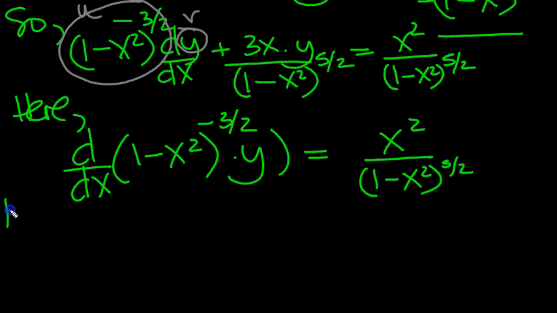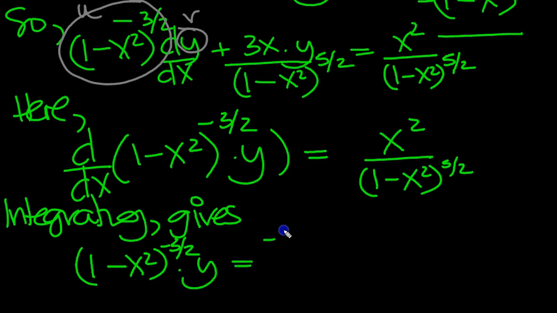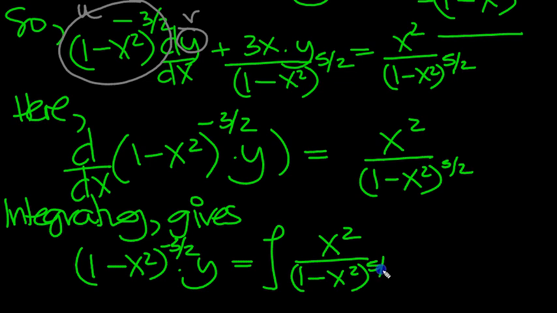So integrating then gives, well, the integral of the derivative is just the object itself, 1 minus x squared to the minus 3 over 2 times y. And then we've got the integral of x squared times 1 minus x squared to the 5 over 2 dx, which doesn't look very nice.